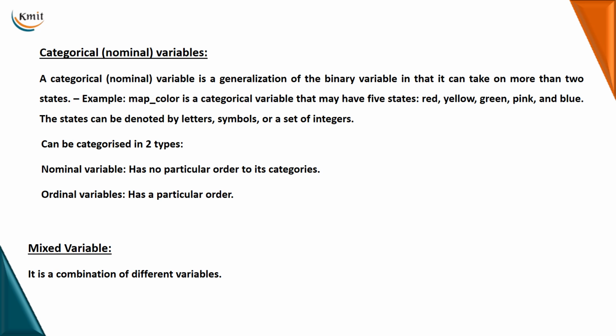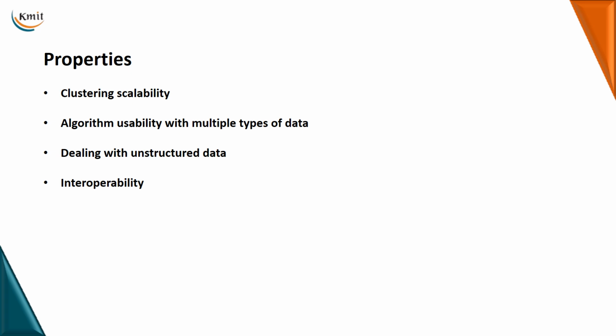Yes, these are some of the properties: clustering scalability, because I can use different data sets. Next, algorithm usability with multiple types of data, as I told you. Next, dealing with unstructured data. Next is your interpretability. So these four are the properties of clustering. This is all about your introduction to clustering. Thank you.